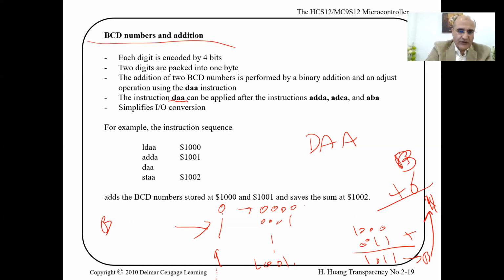B, yani B is 1 0 1 1, plus 0 1 1 0, which is 6, right? 4 plus 2. So it will become a 1 0 1 0 1 0 1, which is 1, right?